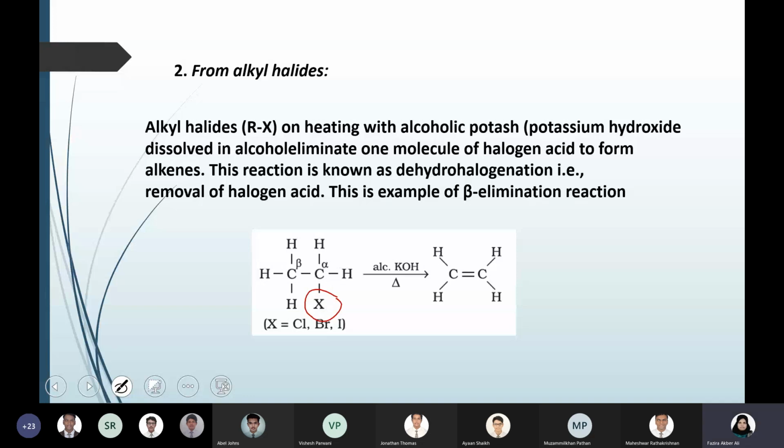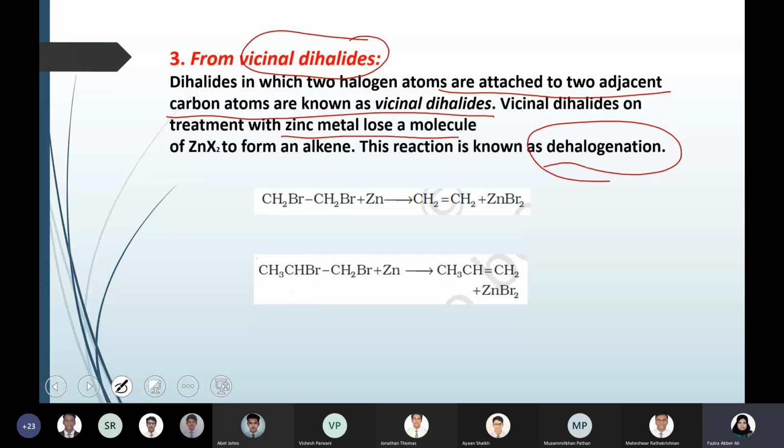Third method is from vicinal dihalides. Dihalides mean two-halogen compounds. If these two halogens are on adjacent carbon atoms, we call it a vicinal dihalide. If both the halogens are on the same carbon atom, we call it a geminal dihalide. So this particular reaction requires vicinal dihalides only.